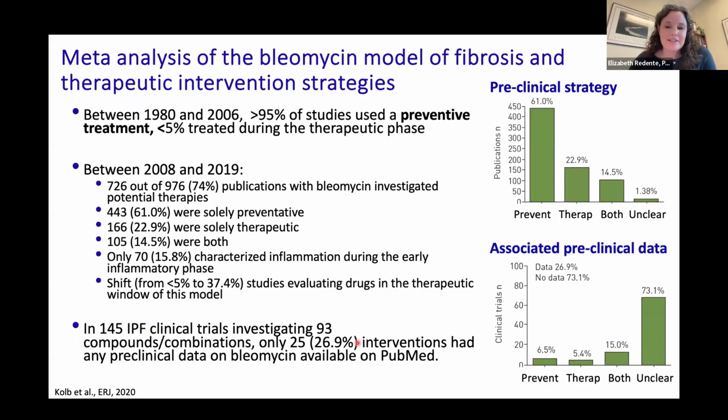So this really just calls into focus that as researchers, we're using these models to think about our questions, to understand the mechanisms of fibrosis, and potentially to think about therapeutics. But many times in industry, they're not using the same standards or the same models as they're moving forward with their drug development. And so we really need to have good alignment if we're going to see success in the clinic.